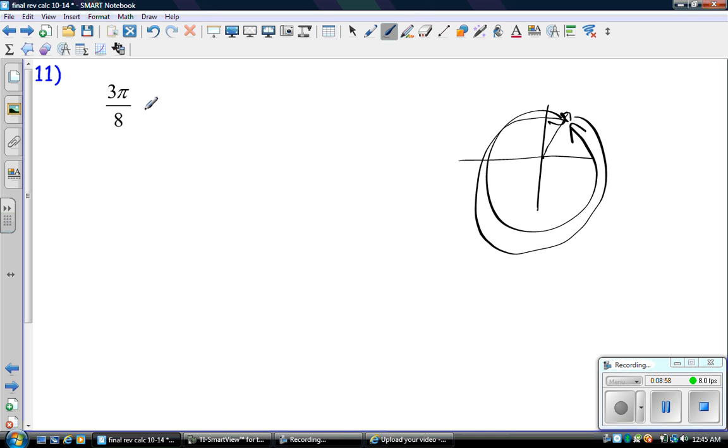So you're adding or subtracting a full rotation, either way. In radians, that's adding or subtracting 2 pi. So just take 3 pi over 8, and I'm going to add 2 pi. Oops, but I don't want to add 2 pi that way. I've got to get common denominators. So I'm actually adding 16 pi over 8. That's 2 pi. So I get 19 pi over 8. There's a positive angle that's coterminal.